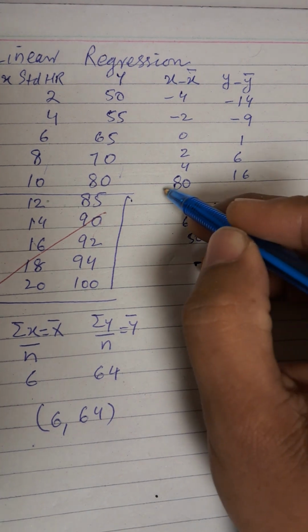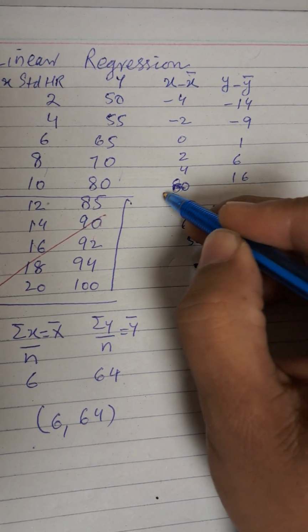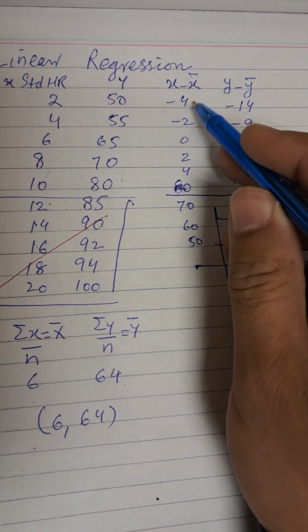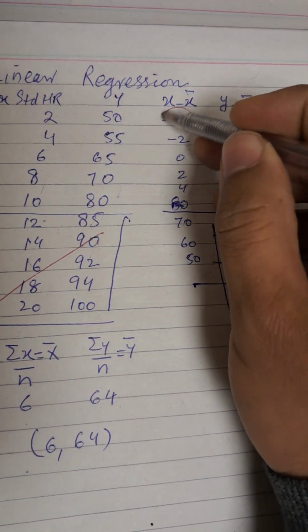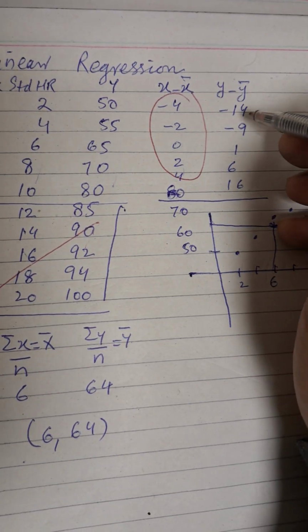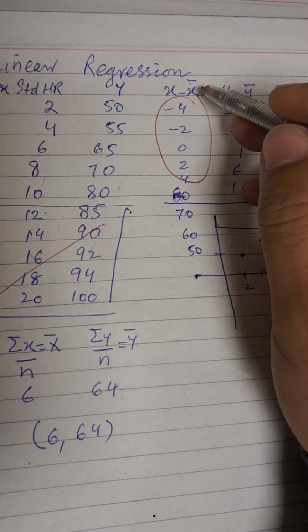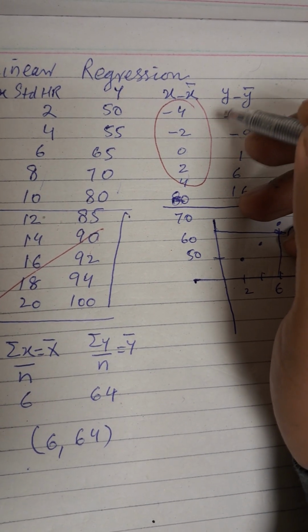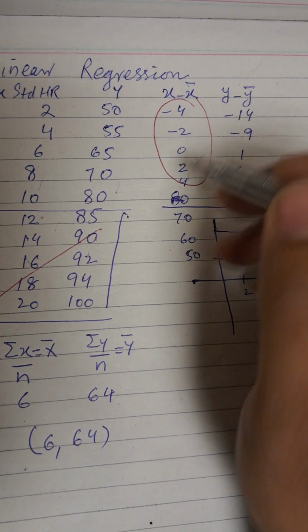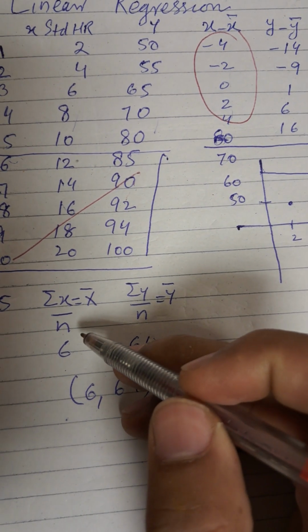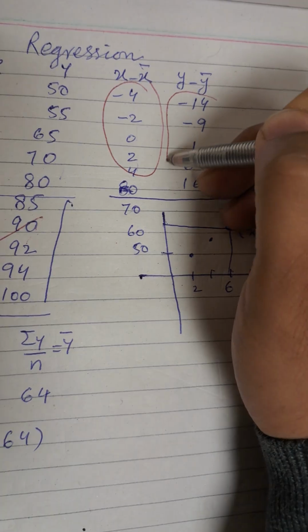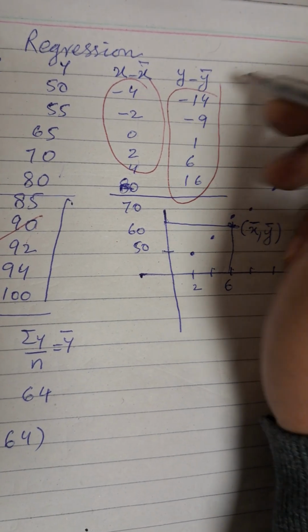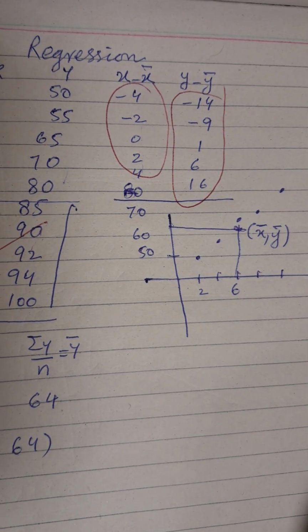Interestingly, if we add together all these values, the sum would be 0. And if you do not get that 0, that means you have made a mistake adding or dividing. Similarly, the sum of all these values would also be 0.